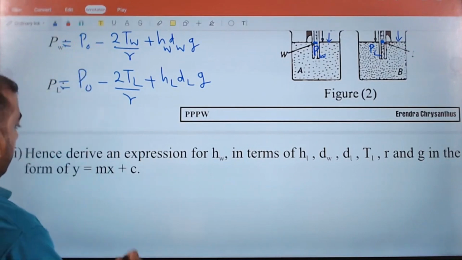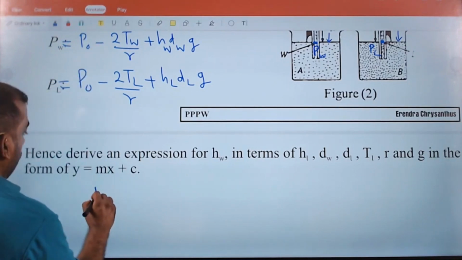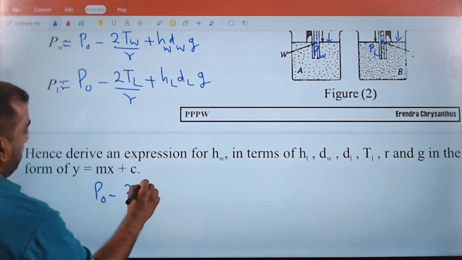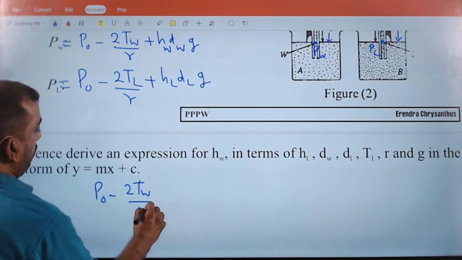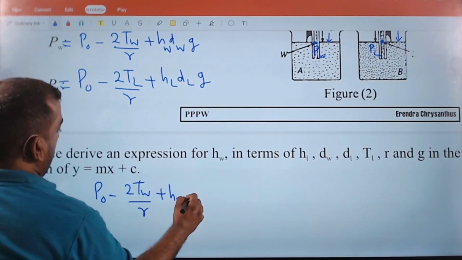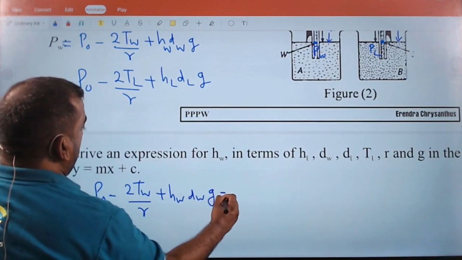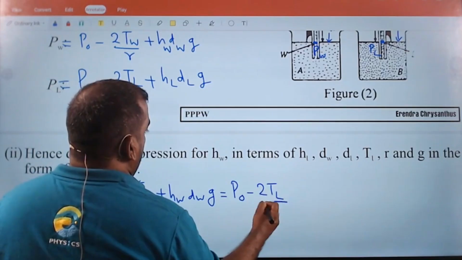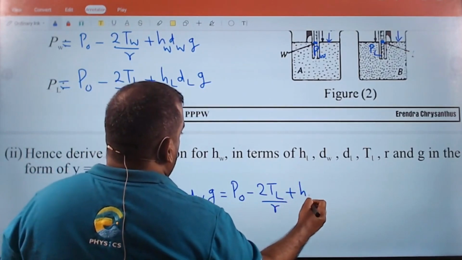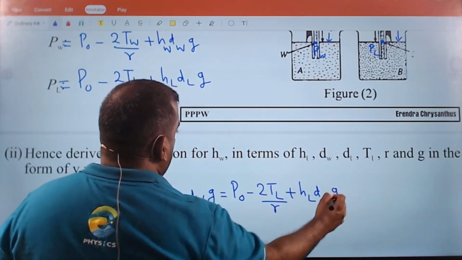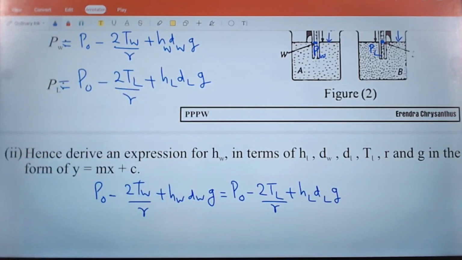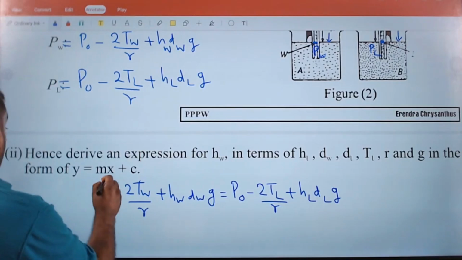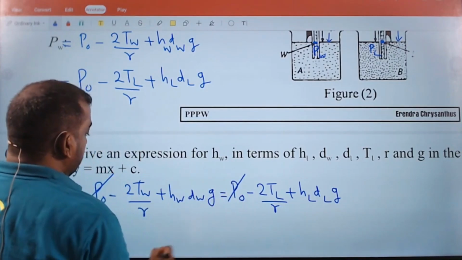So moving a bit forward, derive an expression for HW. So what can you say? P naught minus 2TW over r plus HW dW g equals P naught minus 2TL over r plus HL dL g. Make HW the subject. You can see here P naught cancels out.